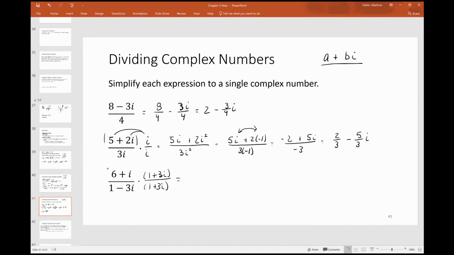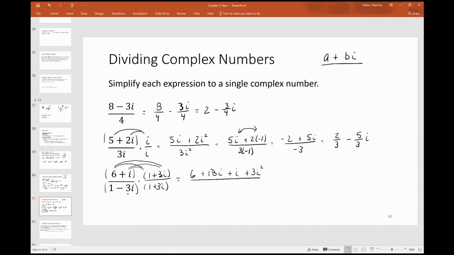Okay, so now I've got to multiply every term with every term because I have complex numbers with both real and imaginary components, right? So in the numerator, I have a 6 times 1, that's a 6, plus a 6 times 3i, well, that's an 18i. Okay, then I've got an i times 1, another 1i, and then lastly, an i times a 3i, that's going to be plus 3i squared.